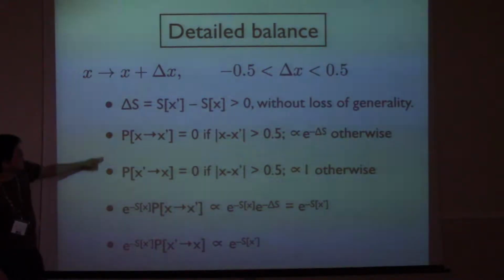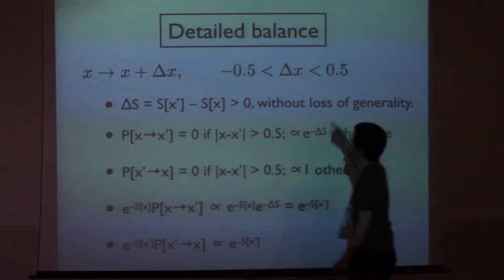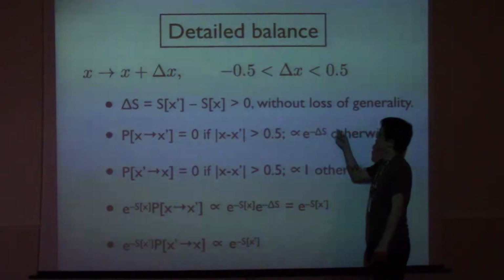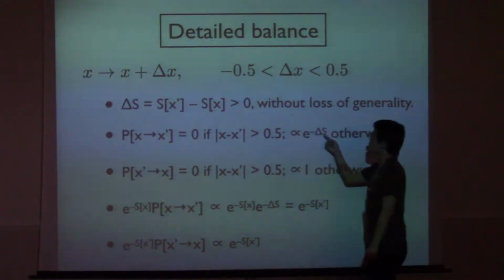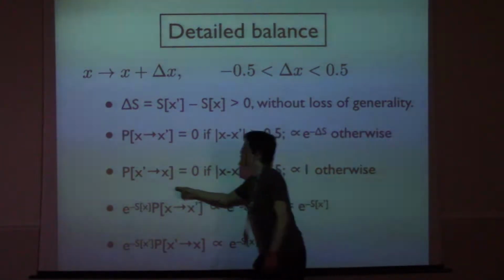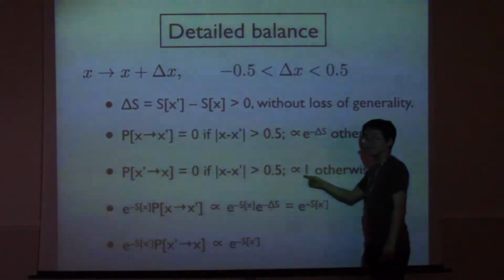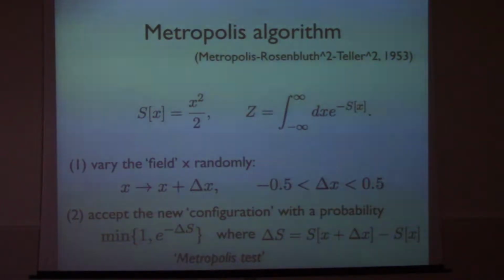Then, here we assume that delta x is positive. So the acceptance probability for this change is exponential minus delta s. But the acceptance probability for the transition from x prime to x is 1. Because we say the acceptance probability is this.